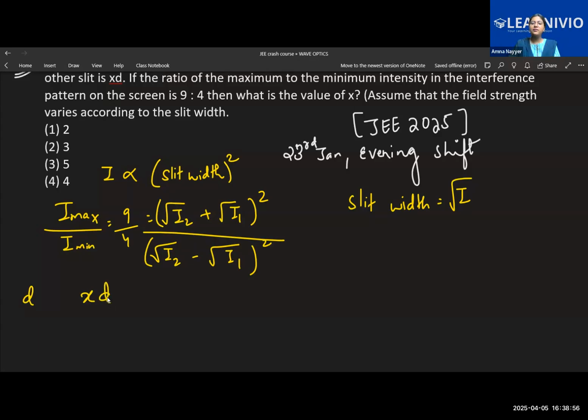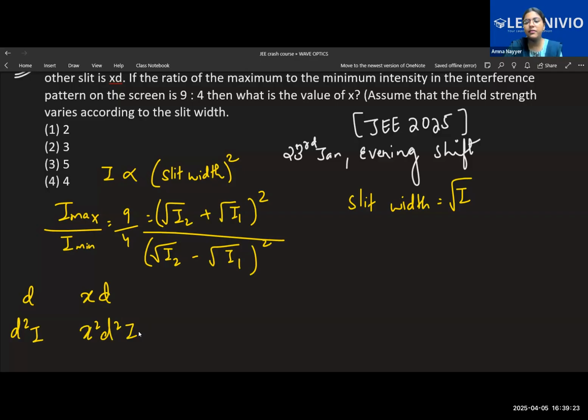So when you have this relationship, I is directly proportional to the square of the width of the slit, you can simply use D square for the first and X square D square for the second. That will also work, right? That is also going to work.